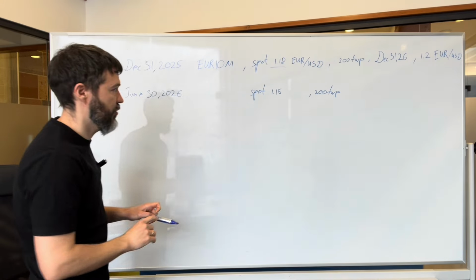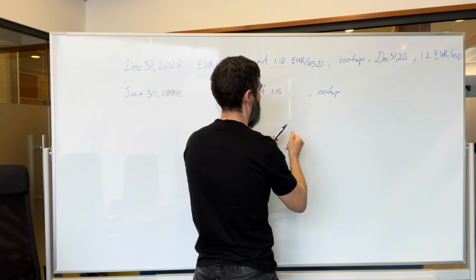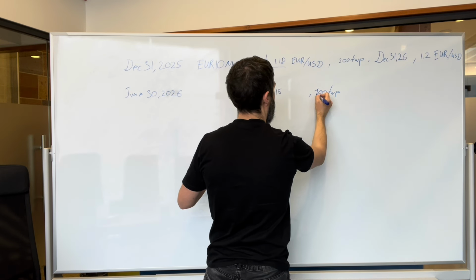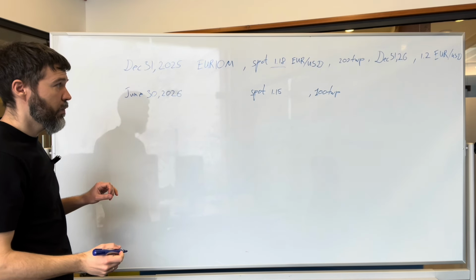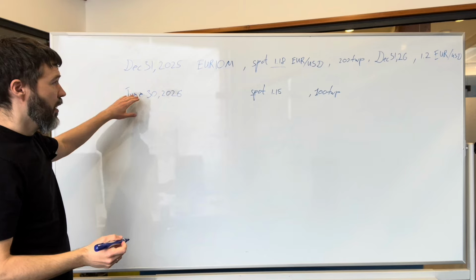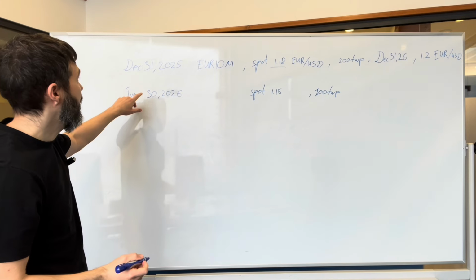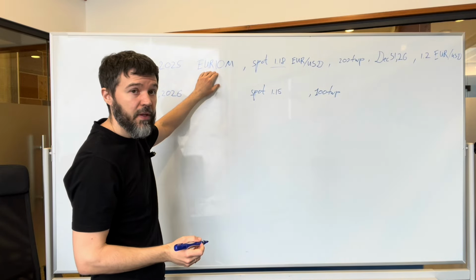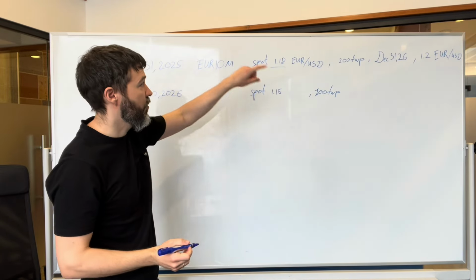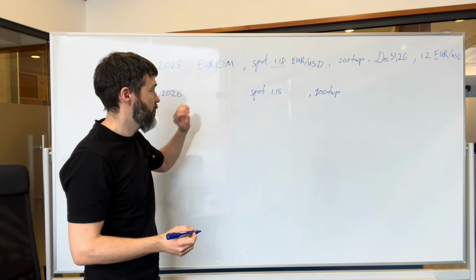Okay, let's make it real. Let's have it 100 forward points. Now, at that point of time, you might buy the same contract for 10 million euros with the value date at the end of the year. Way more beneficial for you because you need euros.